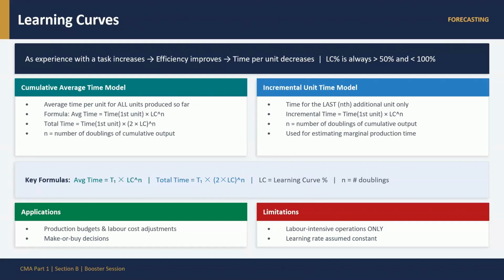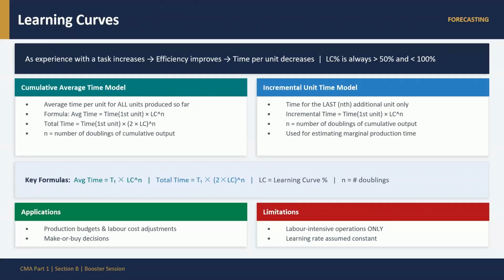It says that you're now consuming only 60% of your total time to produce the products after learning. Before you used to consume 100% of your time. So now you have eliminated 40% of the time. You're able to complete it within 60% of the time you used to take initially. So this is the concept of learning curve percentages.